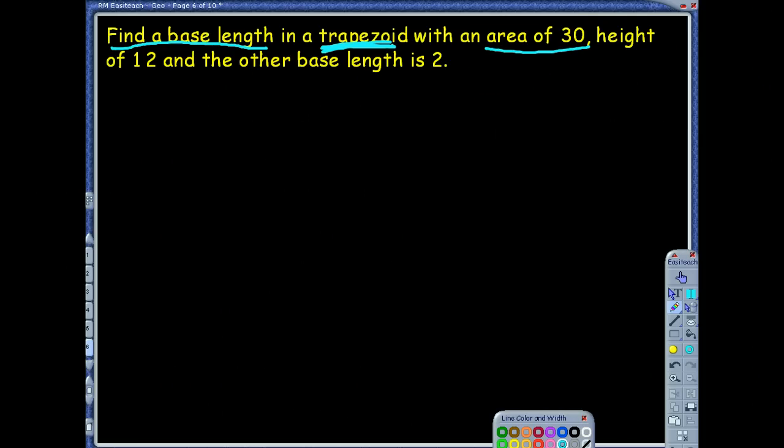So area equals B1 plus B2 in that quantity, times the height, all over 2. That's where I thought you might be going. Instead of the half. Guys, you can use the half times that, but I think a lot of you struggle with fractions, so this gives you another option.